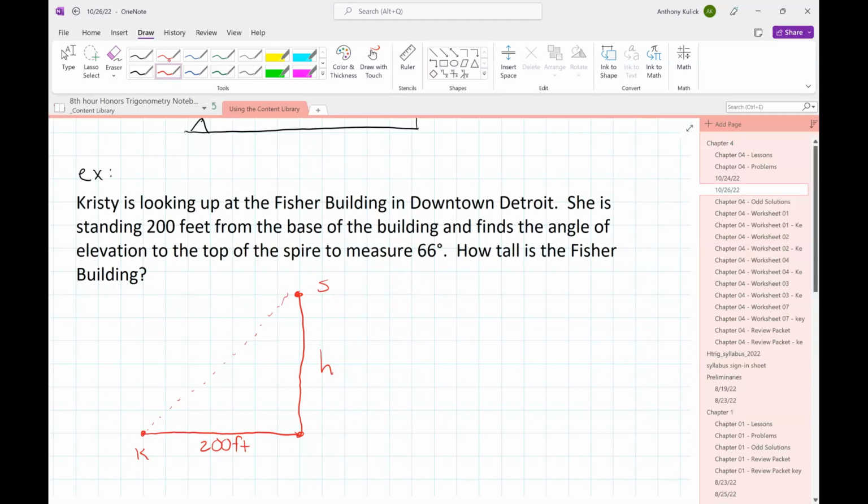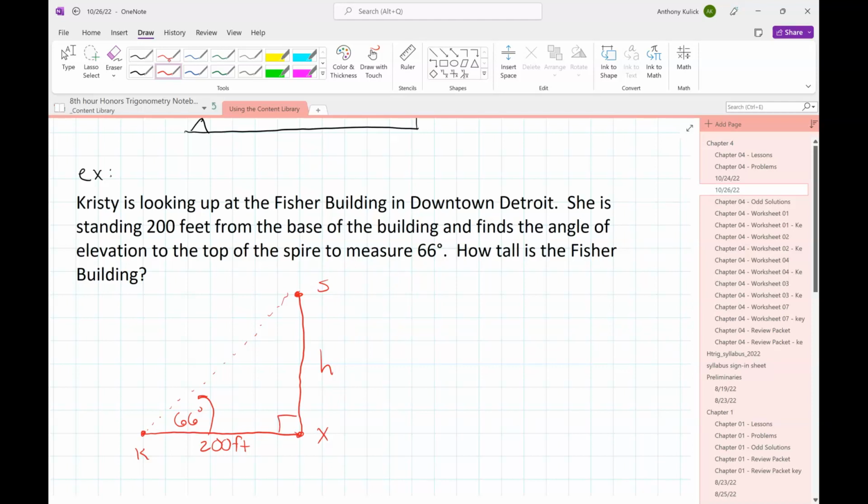And my angle of elevation is what angle? No, but like the name of the angle. Where do I put it? Now there's one other thing that I can assume about the picture here that I haven't labeled. What else can I assume? Right angled.